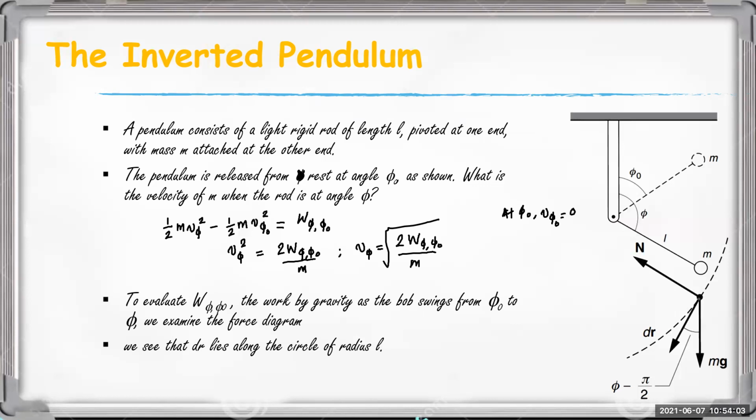Here from the figure we draw a tangent to the trajectory at this point. Then that tangent and the direction of gravity make an angle that must be equal to phi minus pi by 2.